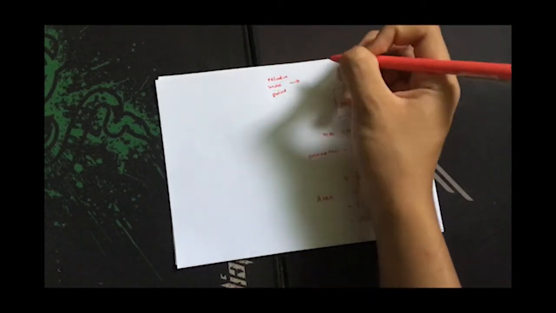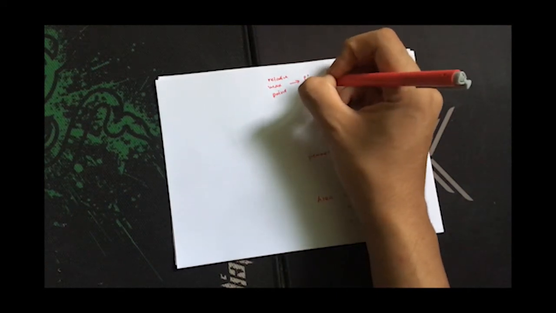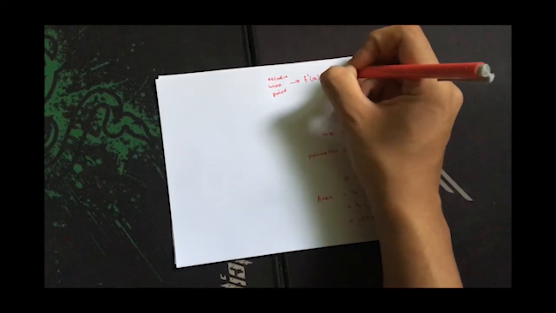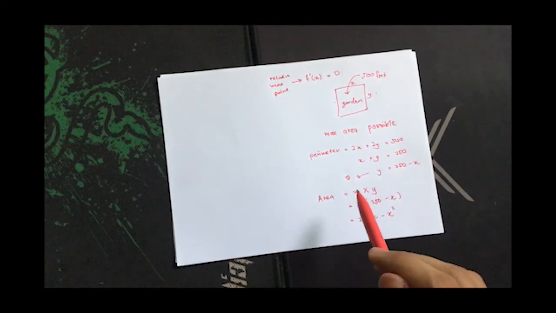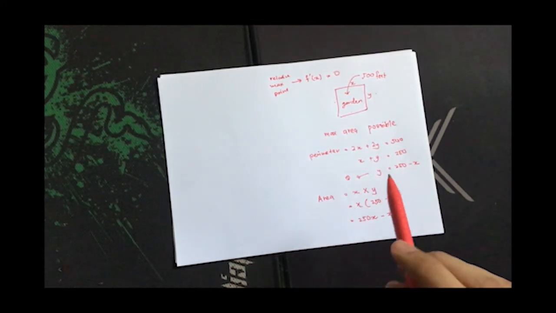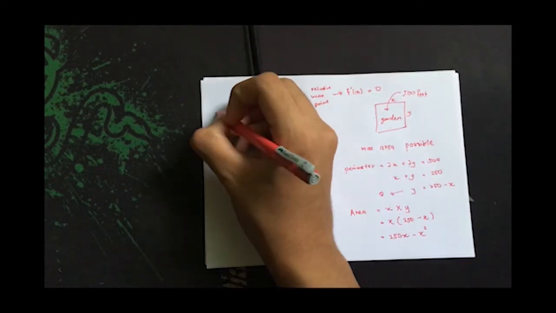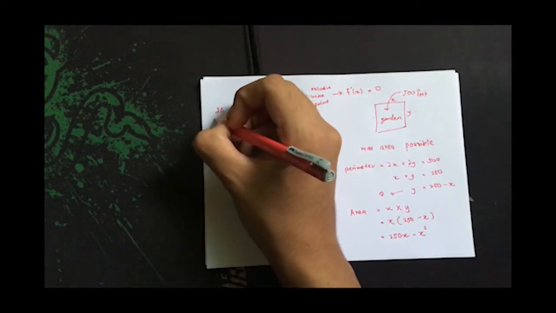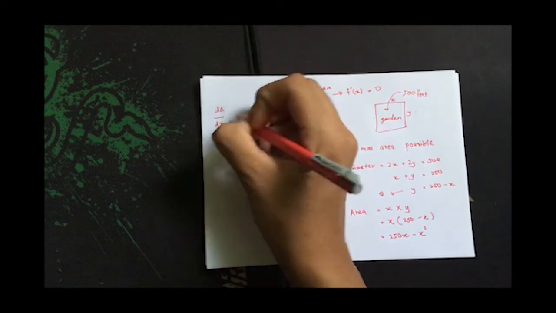But next, as you can know, the relative maximum point is where the derivative of the function equals 0. So we're going to differentiate A, which is area, with respect to x. So it's going to be dA per dx.